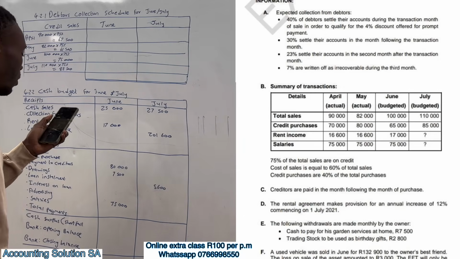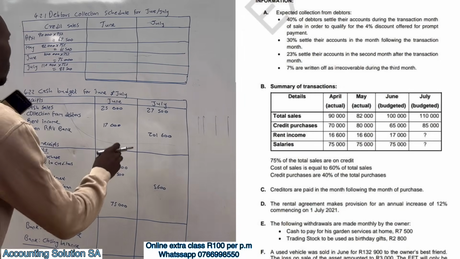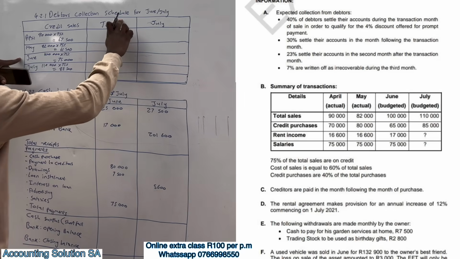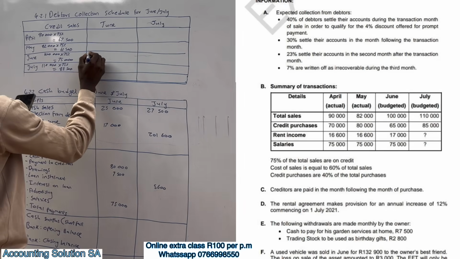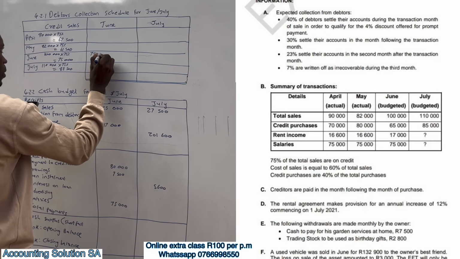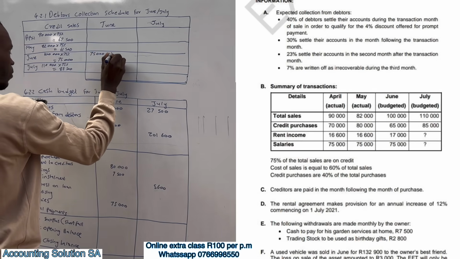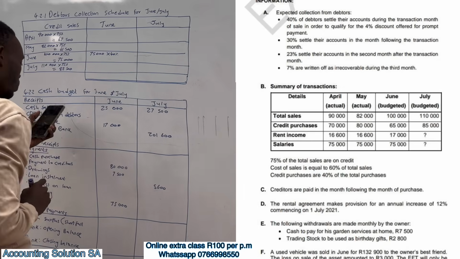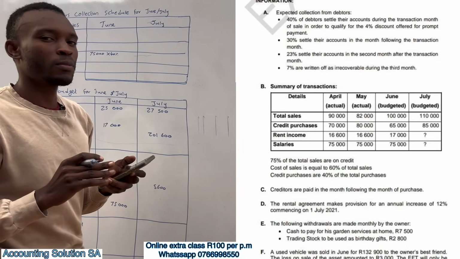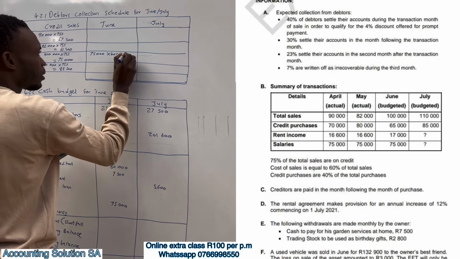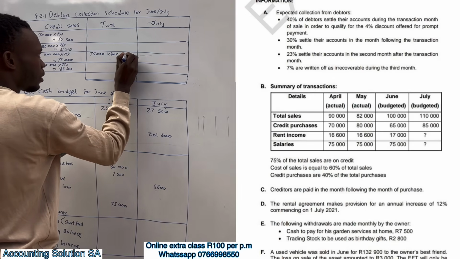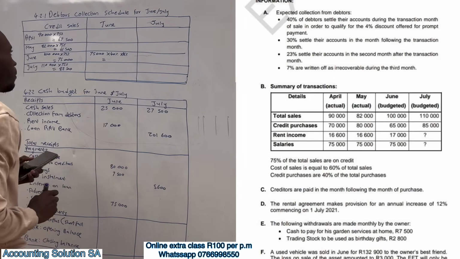Okay, now let's start with the same month, which is very simple. June and June. Let's check where June and June meet. They meet here, which means that we are going to say 75% of credit sales, 75,000 multiplied by 40%, because there's a 4% discount, which means that you say 100 minus 4 and you get 96%, which is going to give you the amount here.